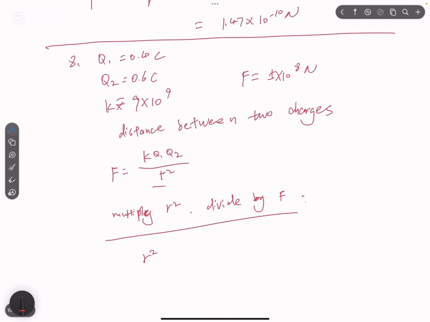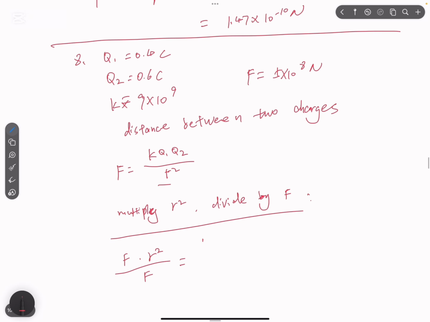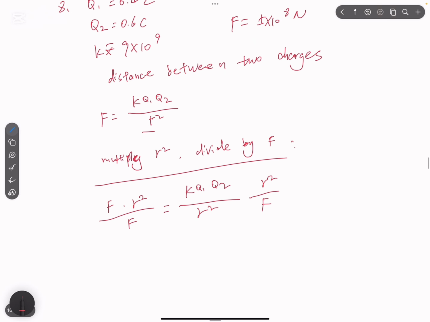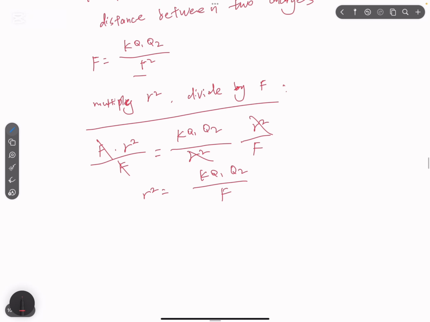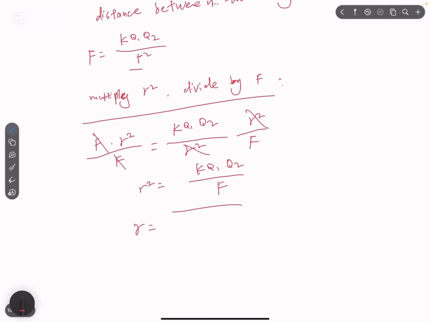That will be F times R squared divided by F. We do the same thing for the right side. It will be Q1 Q2 times R squared divided by F. Then we cancel out the F, cancel out the R squared here. So R squared will be K Q1 Q2 divided by F. Then R will be the square root of K Q1 Q2 divided by F.